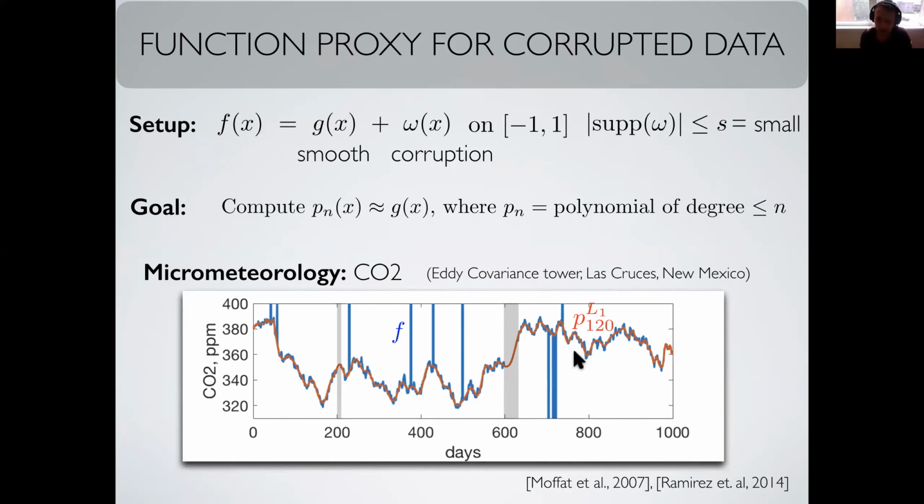If you do a best least squares fit, of course you just fit the corruption, and that causes huge oscillations in the smooth part where you expect good data. So this is the problem that got me interested in best L1, and we're going to be using its error localization properties to explain this phenomenon.